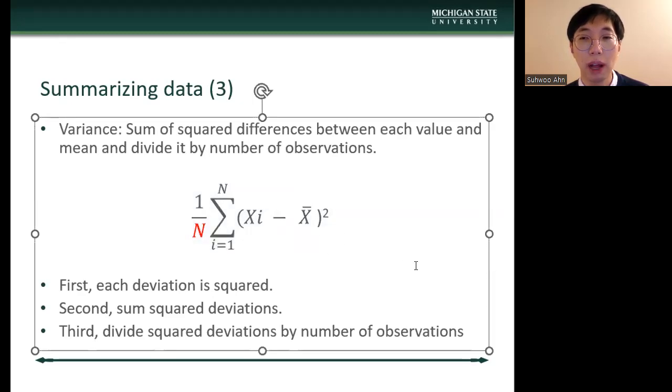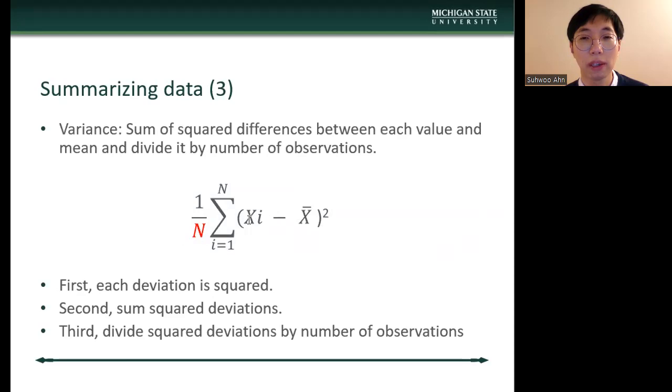So for each value, you have to calculate the difference between the value and the mean, x bar. So this is the deviation. And second, you will square these deviations, which means that you will calculate xi minus x bar squared. Then for each data point, you will sum the square deviations.